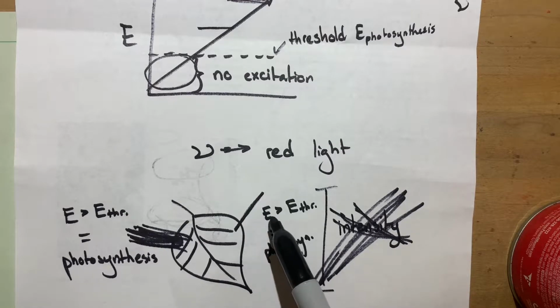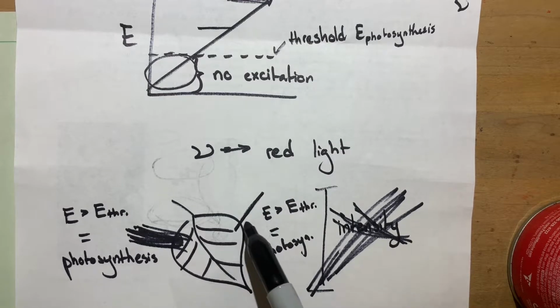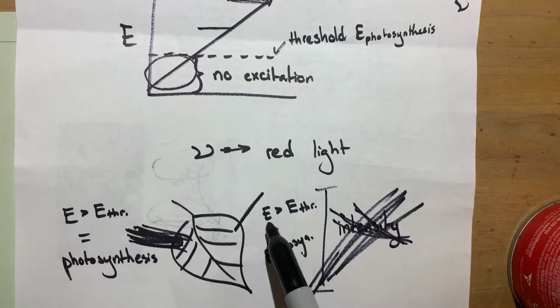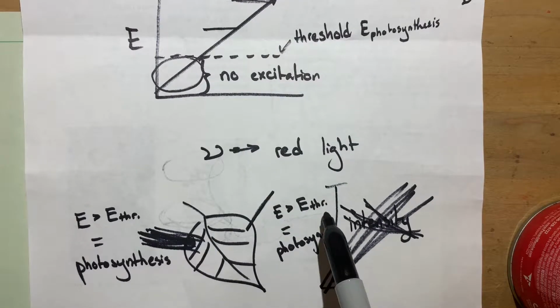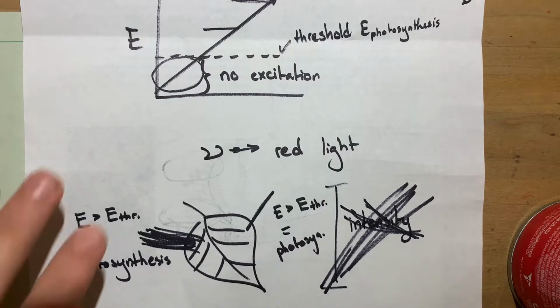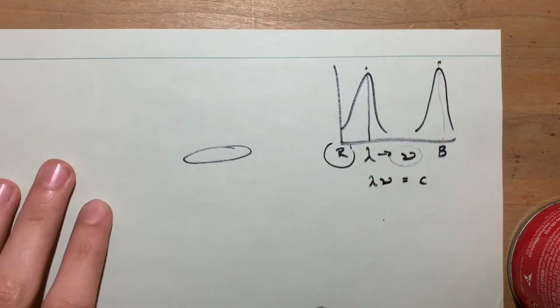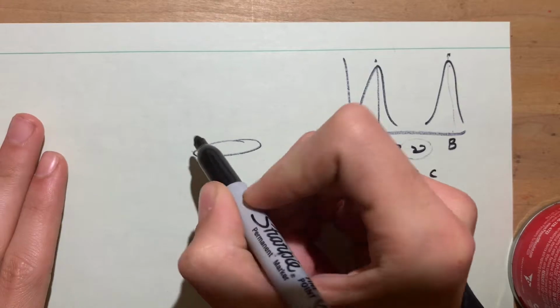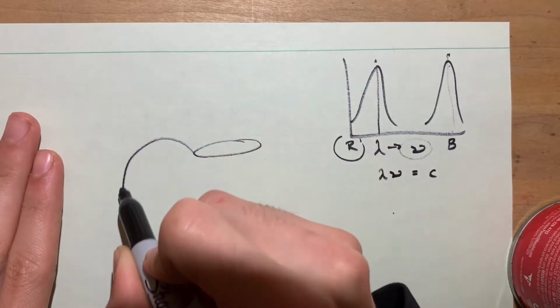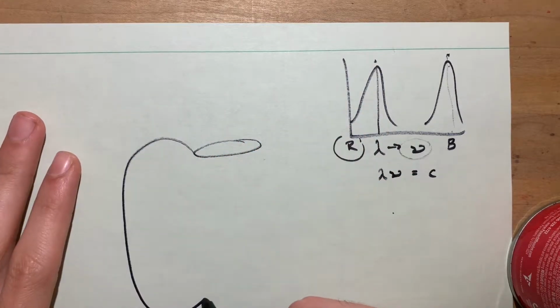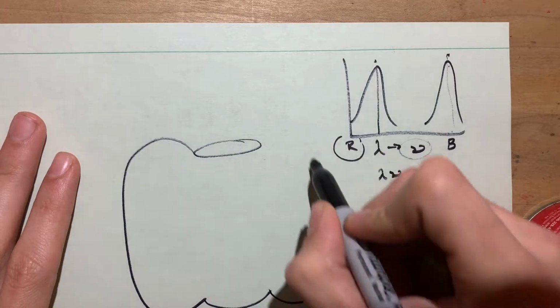And what we see is that photosynthesis still occurs as long as that energy is above the threshold energy. And so that's also showing us, again, more quantization, because it doesn't matter how many there are, it just matters the energy. What just matters is the energy value of that one electron.